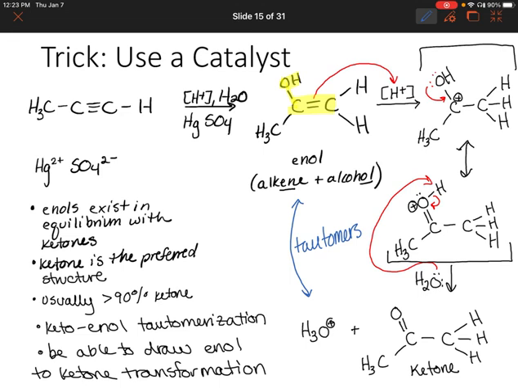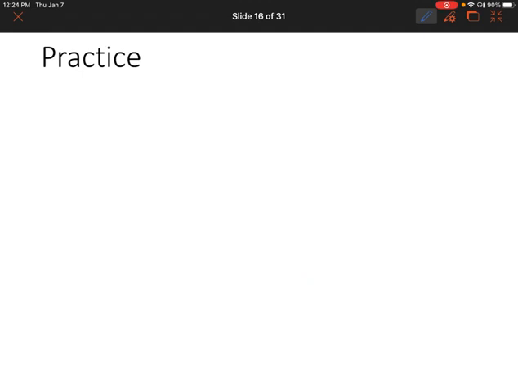All right, so let's do a couple of practice problems with this reaction. So let's say that we have the following triple bond or alkyne molecule. And let's perform this acid catalyzed hydration. So we've got our catalytic acid in water, and we've added our mercuric sulfate.